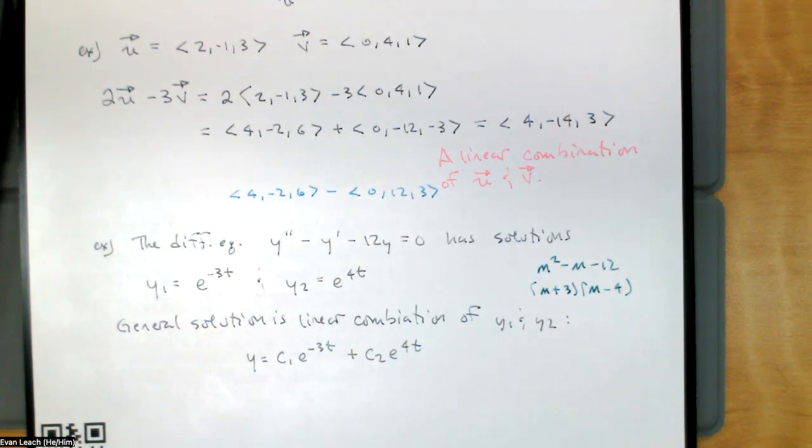So linear combination is a more general concept, but it's just a combination of vector addition and scalar multiplication.